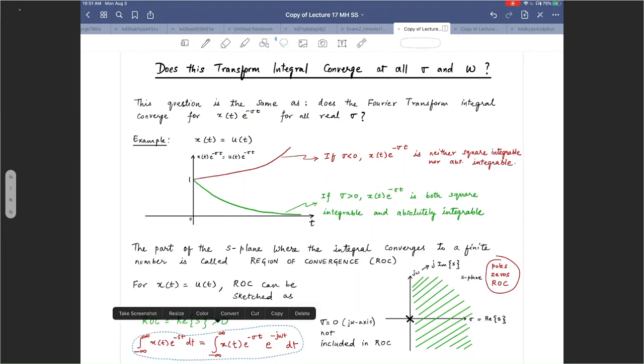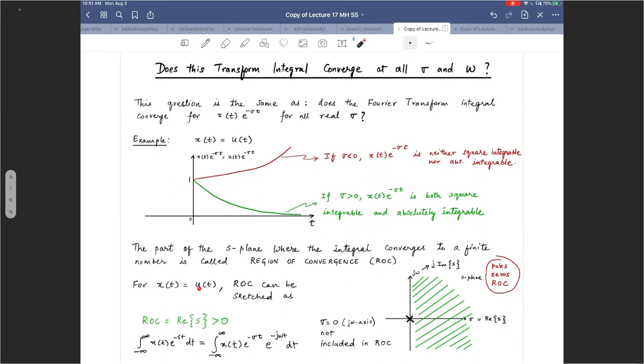If that is true, then I need to change the color of this to black, because that has nothing to do with it. So for u of t, that's the signal for which we are sketching the region of convergence, the ROC can be sketched as all that green shaded region over there.